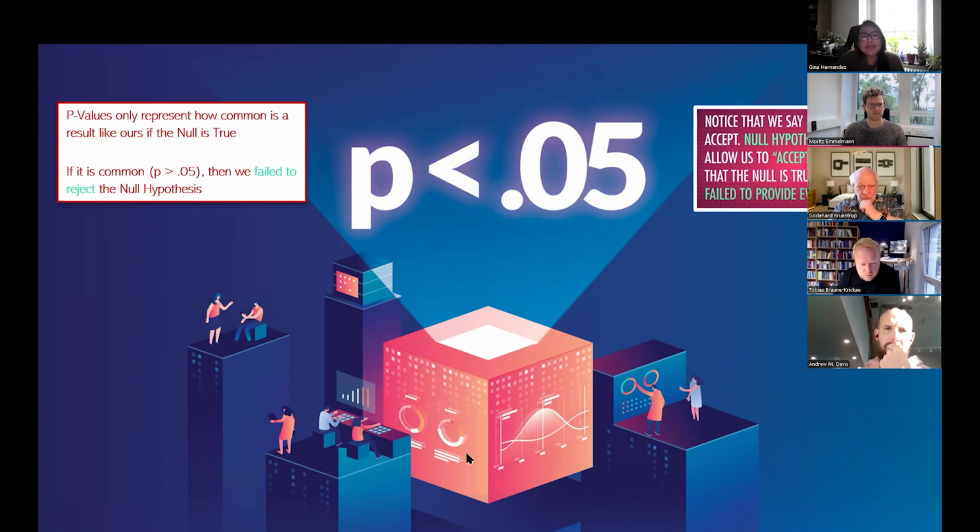Now, the p-value only represents how common a result like ours is if the null hypothesis is true, right? So this value will tell us if we fail to reject the null hypothesis.